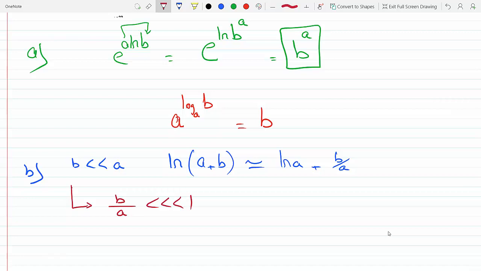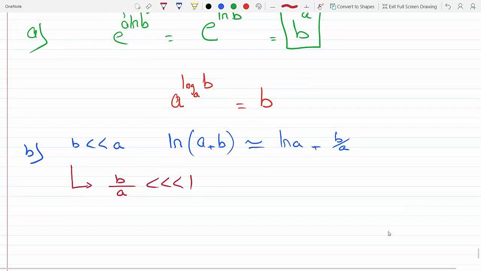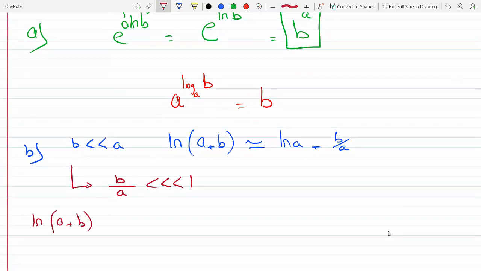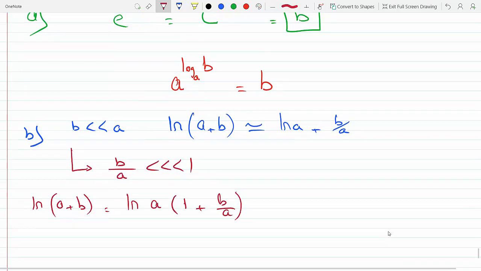So if I try to factor out the a out of this logarithm, ln of a plus b, trying to get something a lot less than 1 so I can perform the approximation, which in this case is b over a. So I'm trying to create b over a. To do that, I could factor out the a, and I would get 1 plus b over a, right?